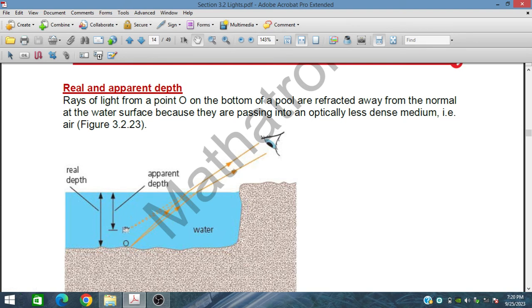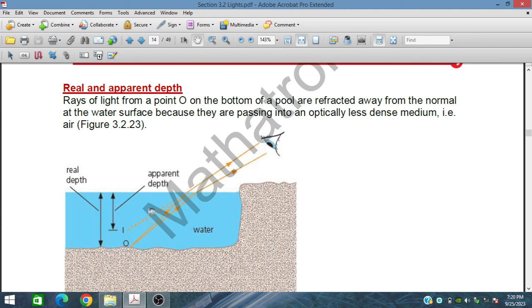available here. So if the object is at the bottom of the tank or reservoir, due to this refraction phenomenon the object will appear here.